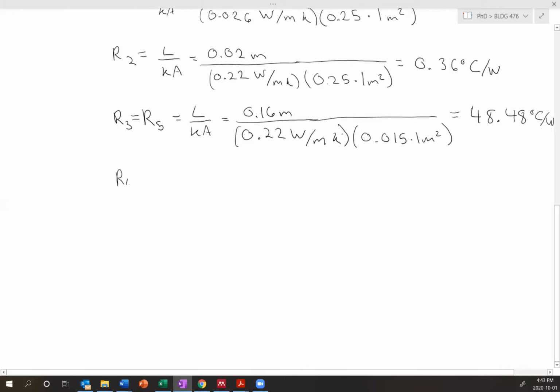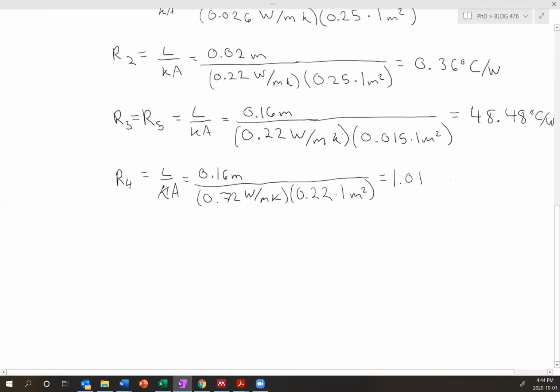And then that middle portion, the brick. And so you can see the plaster has a much higher thermal resistance than the brick, but that's also because it's much thinner.